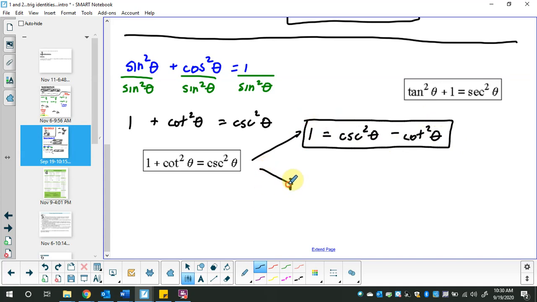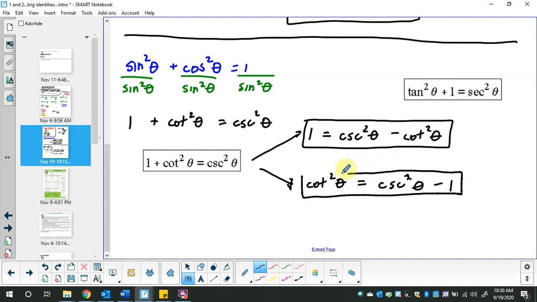And then I'm going to do the backwards of it. Leave cotangent squared theta behind. Leave cosecant squared theta behind. And pull the 1, which is positive, over to become negative. So there's 3 more, so that's a grand total of 6.